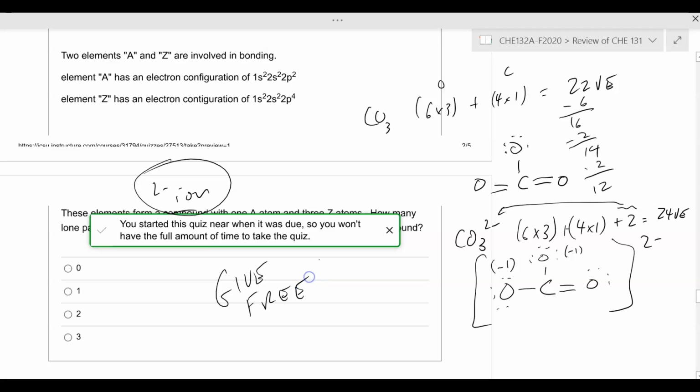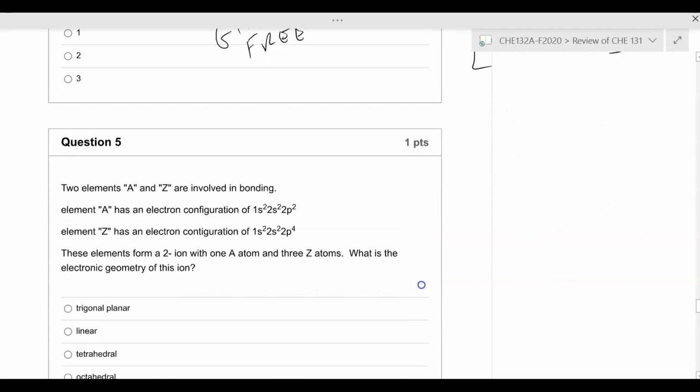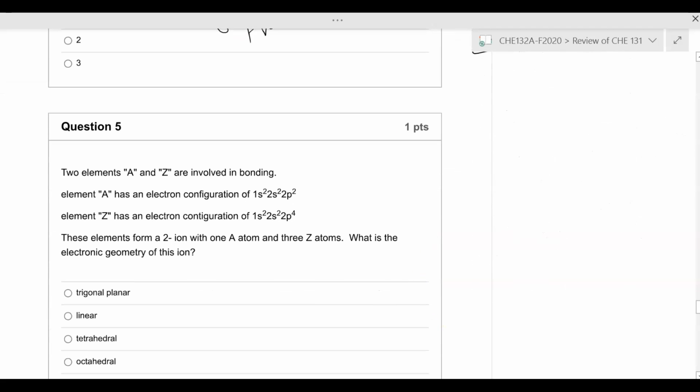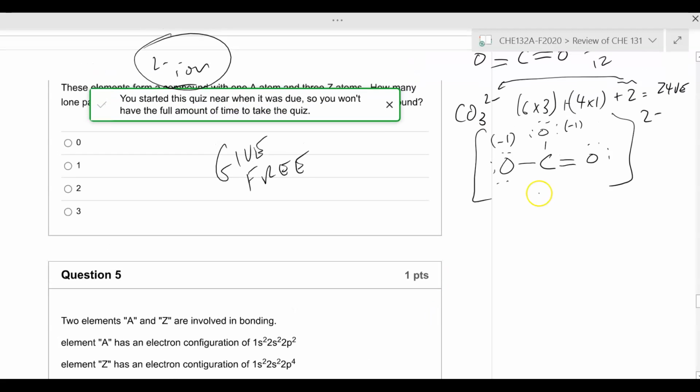Now the next one does say the ion now, so looking at this ion, we've got 3 regions, or 3 electron groups around carbon. None of those are lone pairs, right?